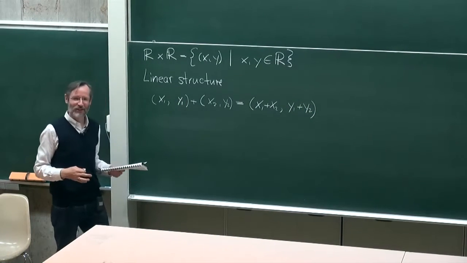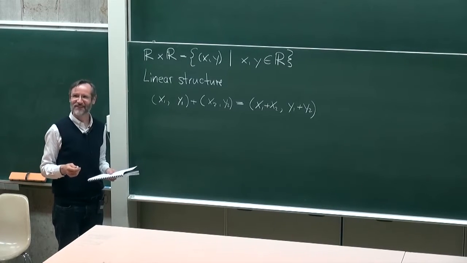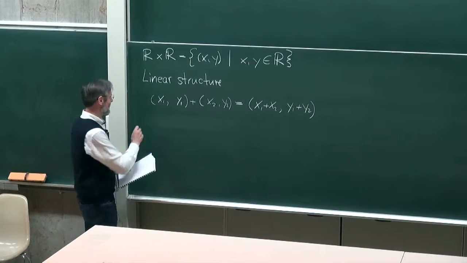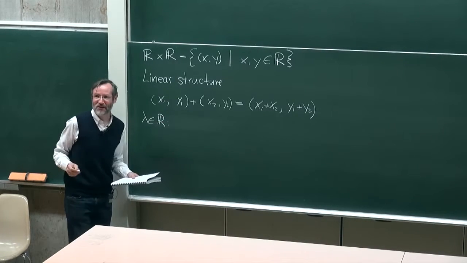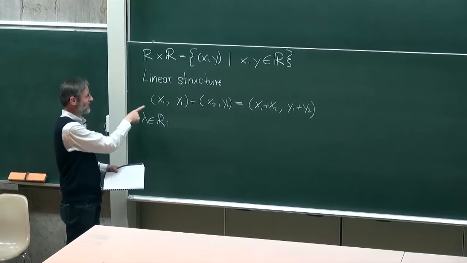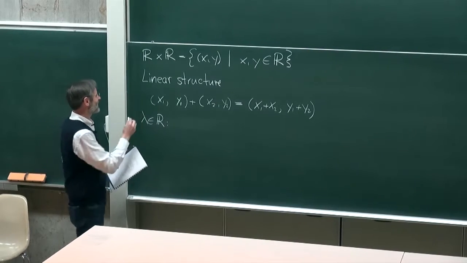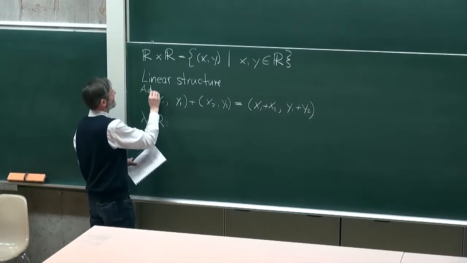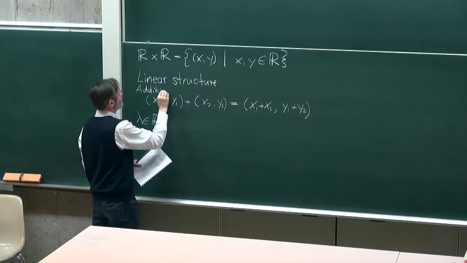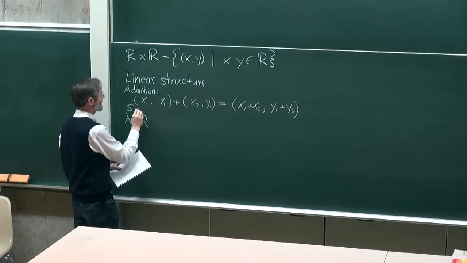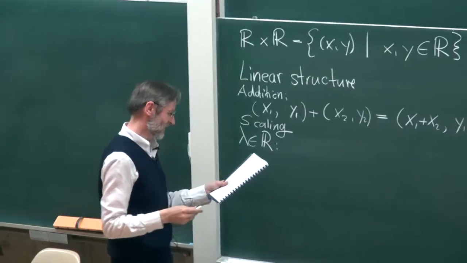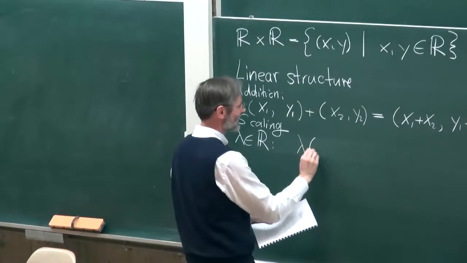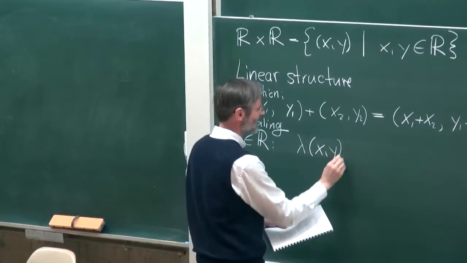And then with a general coefficient, lambda, element of R, you can do scaling. So this is addition, and the next is scaling. So lambda times a pair x, y.